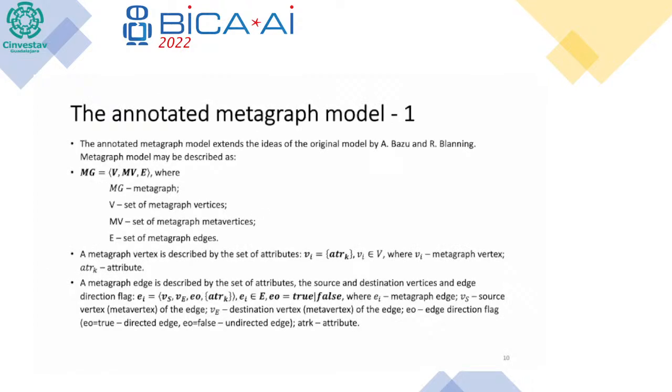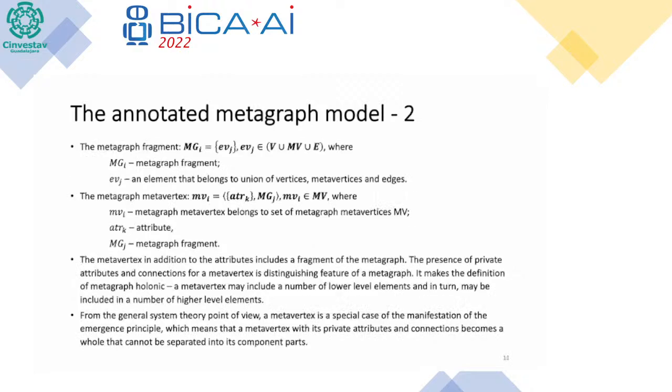So we will talk about the annotated metagraph model that extends the idea of the original model of Basu and Blanning. The metagraph model may be described by a set of metagraph vertices, a set of metagraph metavertices, and a set of metagraph edges. A metagraph vertex is described by a set of attributes, and a metagraph edge is described by attributes, source and destination vertex, and an edge direction flag. A metagraph fragment is described by an element that belongs to the union of vertices, metavertices, and edges.